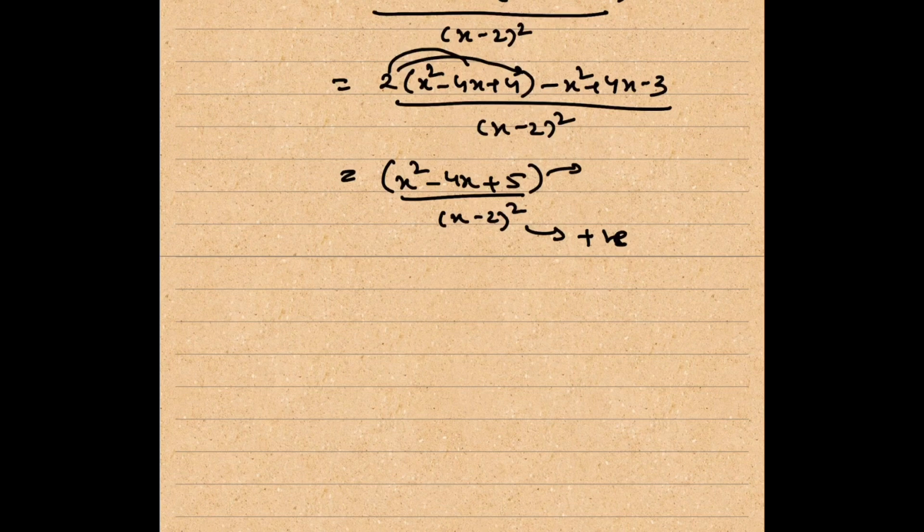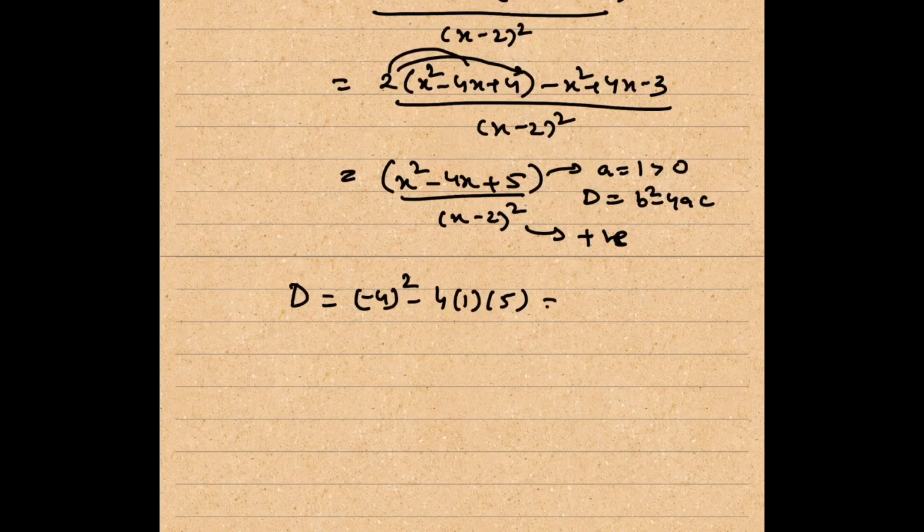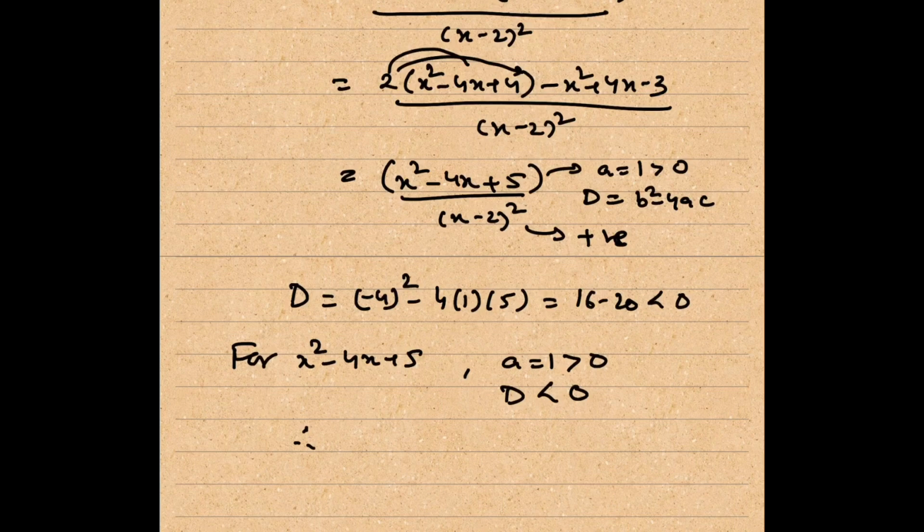For the numerator, we observe that the coefficient of x square is 1. And let's check the discriminant of this. Discriminant is b square minus 4ac. So the discriminant for this function will be equal to (minus 4) whole square minus 4 into 1 into 5. So you'll get 16 minus 20, which is less than 0. So for x square minus 4x plus 5, we observe that the coefficient of x square is positive and the discriminant is less than 0.